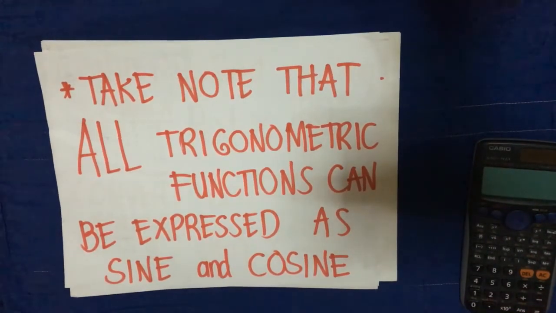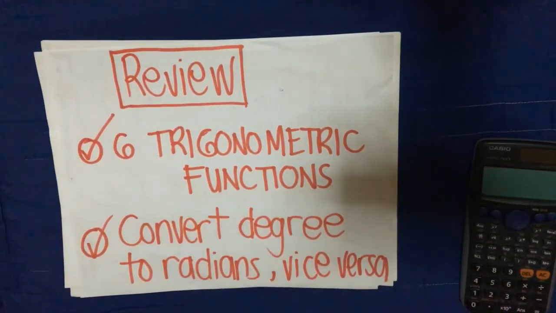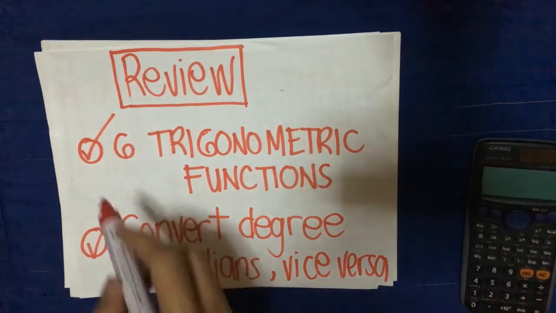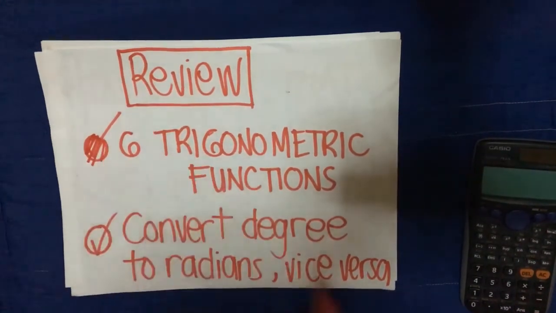You have to remember, these are the important characteristics of trigonometric functions. These are the 6 trigonometric functions. The first objective of this video is to identify the first 6 trigonometric functions, the basics of trigonometry, and we are done with our first objective.